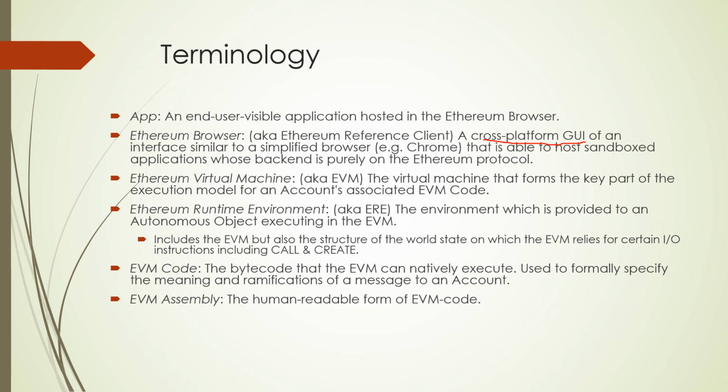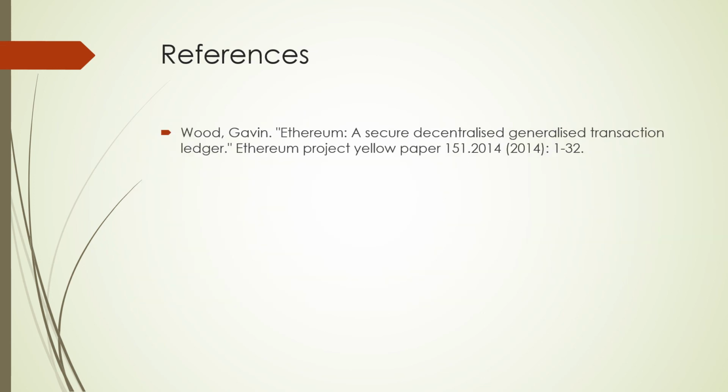EVM code is used to formally specify the meaning of a message to an account, and EVM assembly is a human readable form of the EVM code. And here is my only reference, the yellow paper of Ethereum written by Gavin Wood in 2014.